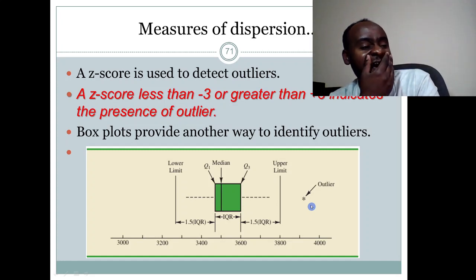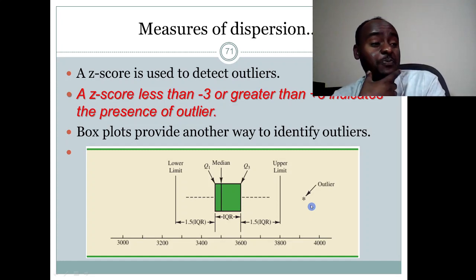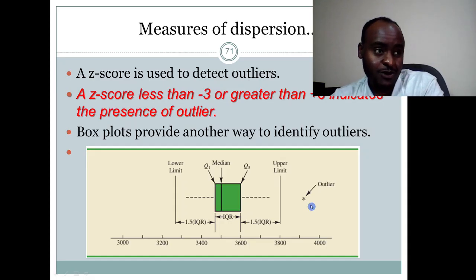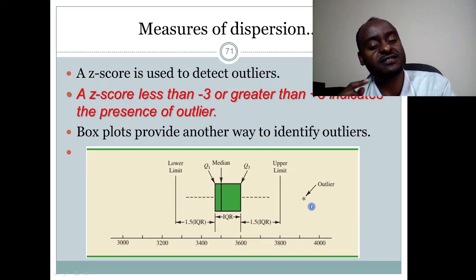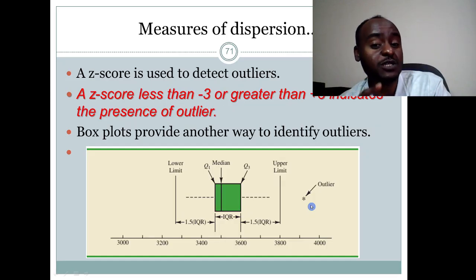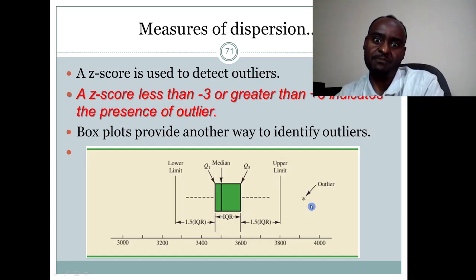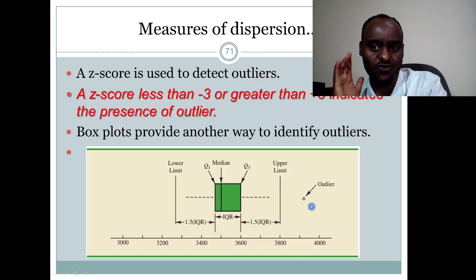Of course, SPSS represents outliers in two ways. One is a star, the other is a dot. If SPSS shows an outlier as a dot, that outlier is outside the boundary, but it is not that far from the center of the data.